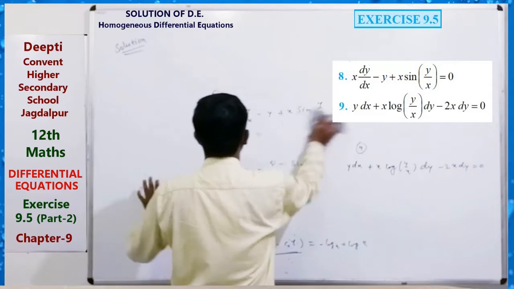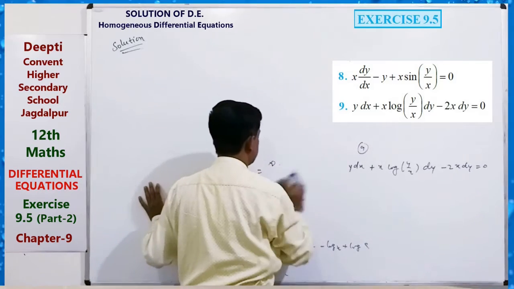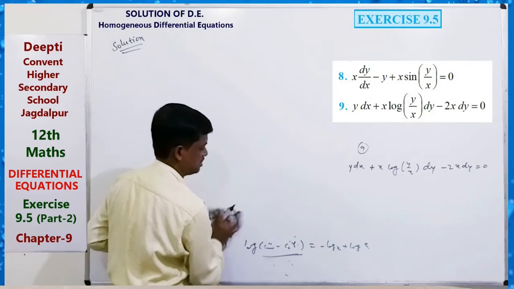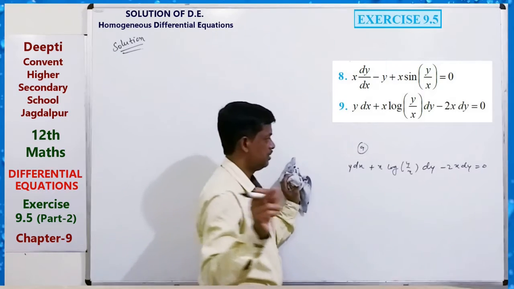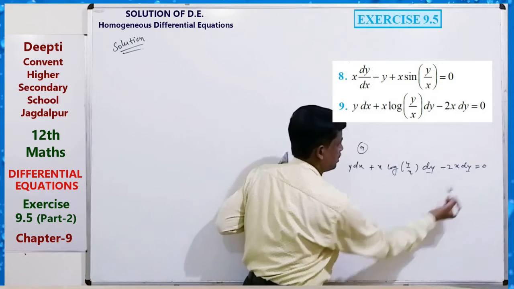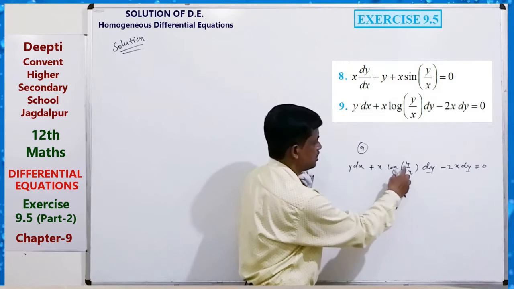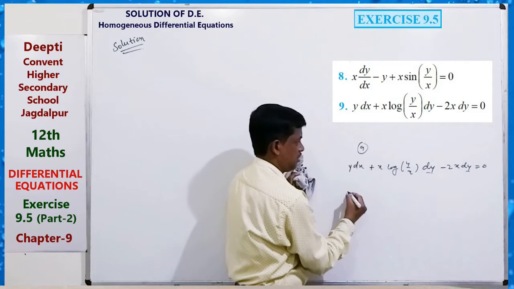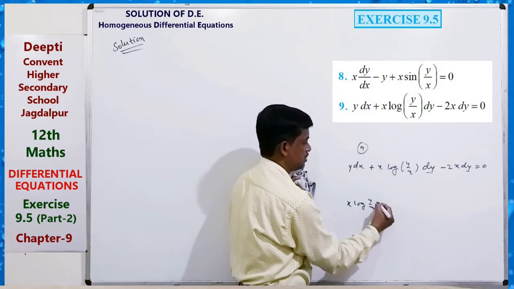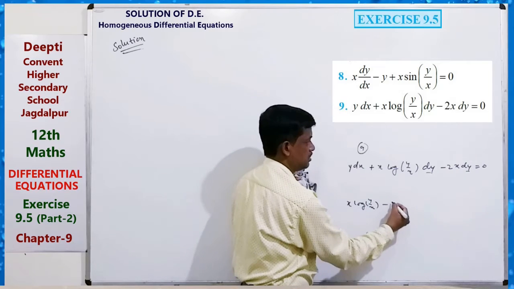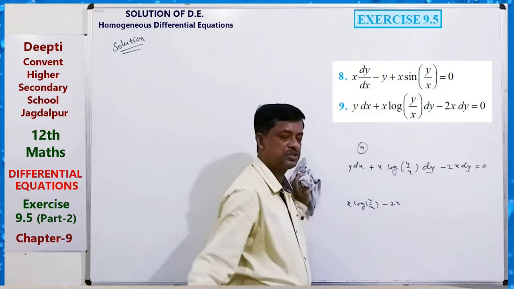Okay. Similarly, question 9, here also the same process. You can see here, if we take dy common, x log(y/x) minus 2x is the coefficient of dy.